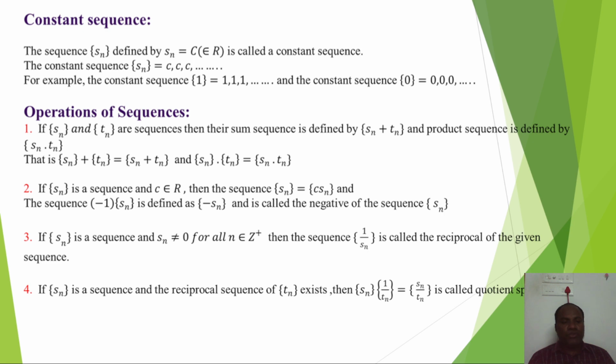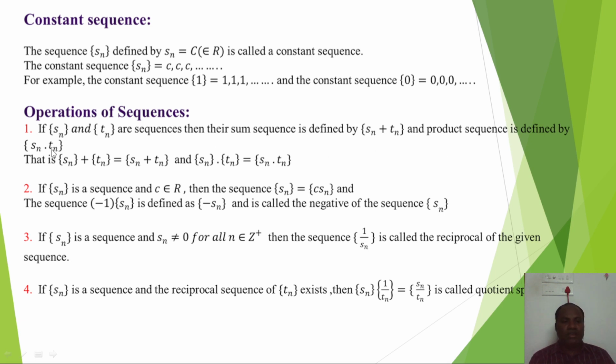Like that, the constant sequence will be there. And also we know about some operations on sequences. Here I am giving four operations. In the first operation, if sequence Sn and sequence Tn are sequences, then their sum sequence is defined by Sn plus Tn, and the product of sequences is defined by Sn into Tn.